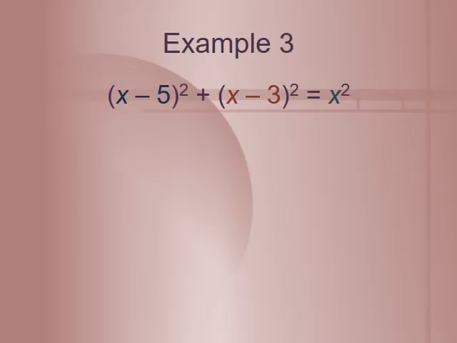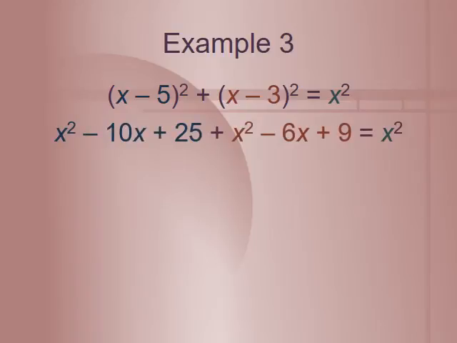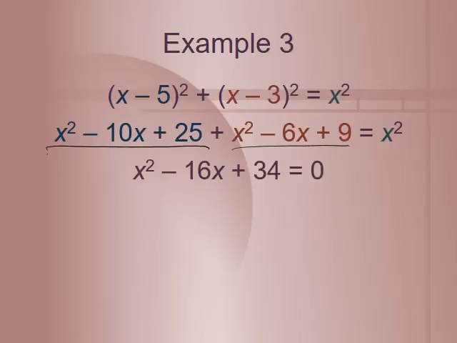And as we further solve that, we actually go x minus 5 times x minus 5, which is this part right here, when you split it up and FOIL it, and then x minus 3 and x minus 3 is this. And when we combine like terms, we end up with this problem here, x squared minus 16x plus 34.